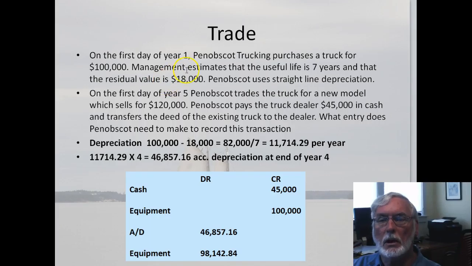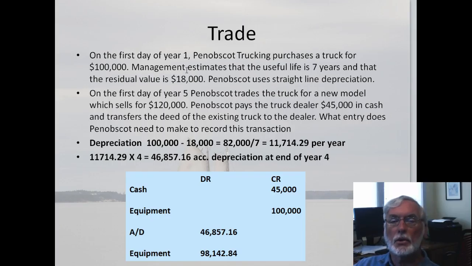Trading is a little more difficult to understand. Here's an example of Penobscot Trucking purchasing a truck for $100,000. Management estimates that the useful life is 7 years and the residual value is $18,000. They use straight line depreciation.